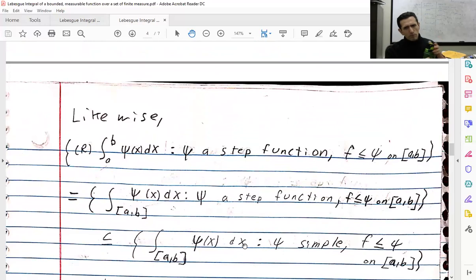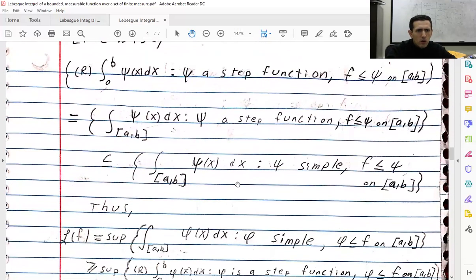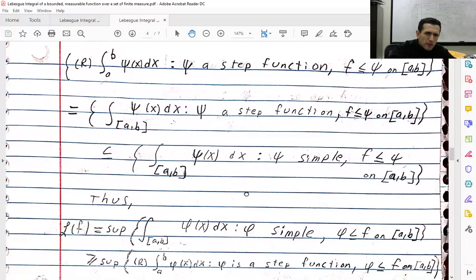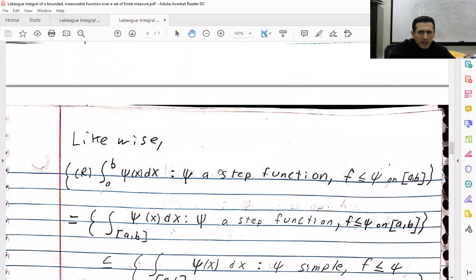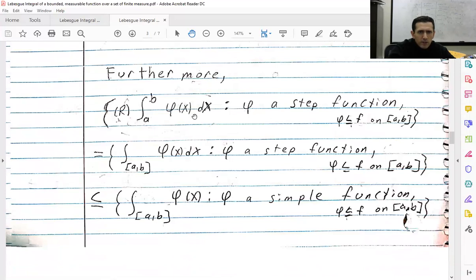Okay, so what does this tell me? Well, it tells me that the lower Lebesgue integral, which is the supremum here, well, forget about supremums for a second. This set of integrals here, this set of real numbers I mentioned, is bigger than this set of real numbers here. Okay, that's exactly the content of this here.